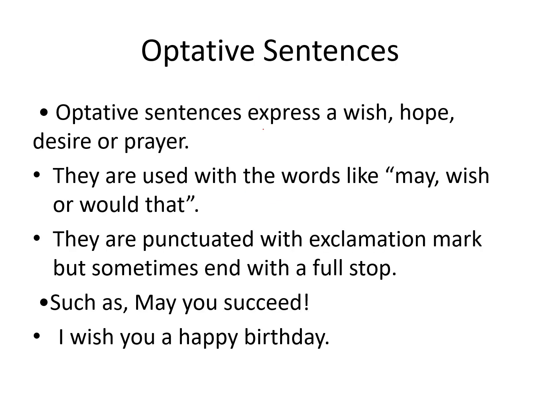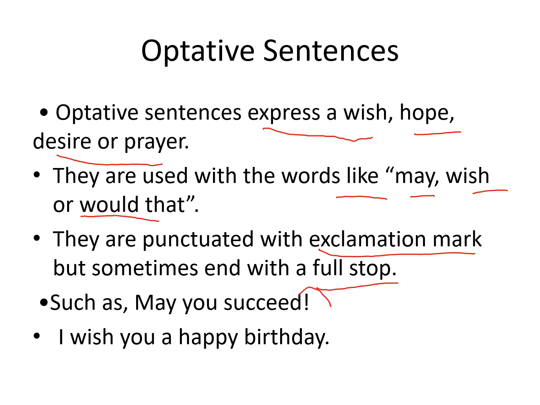Optative sentences, they express a wish, hope, desire or prayer. These sentences are used with the words like may, wish, would that, or that. They are punctuated with exclamation mark, or sometimes at the end we use full stop, such as may you succeed.